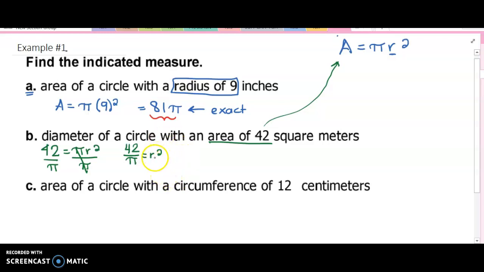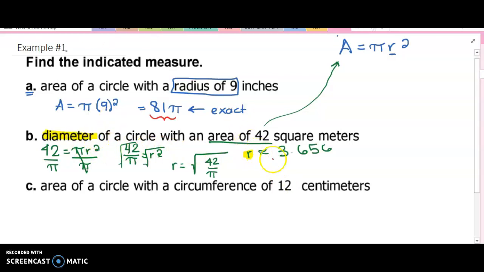To undo a square, you square root both sides. So r is going to be the square root of 42 over pi. If I put that in my calculator, I get roughly r is 3.656. But that's my radius, and it says to find the diameter.